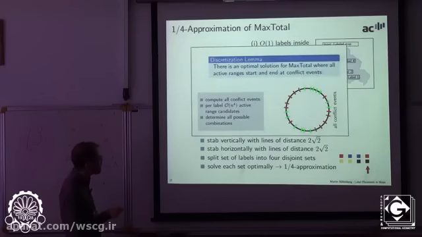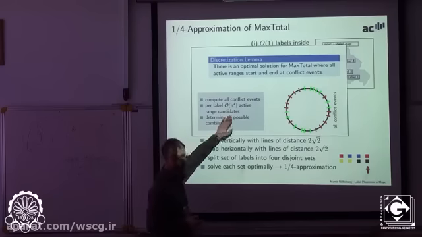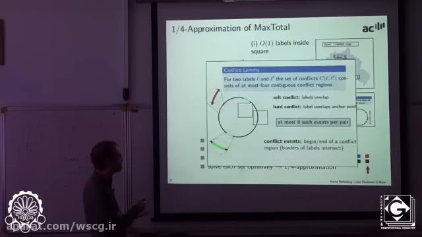We had this discretization lemma that told us how many possible candidate ranges we have and how many combinations. If we have a constant number of labels inside the square, then of course the number of conflict events is also constant. We know that there are at most 8 per pair, and at most a constant number of labels in each square.